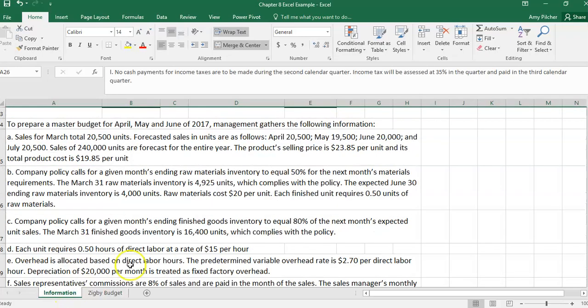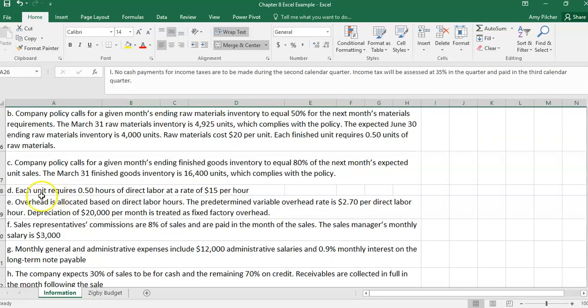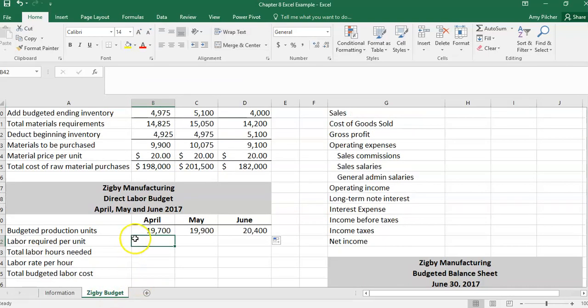So we go back to our information and we see each unit requires a half an hour of direct labor and costs $15 per hour. So we need a half hour of labor and we pay $15 per hour.